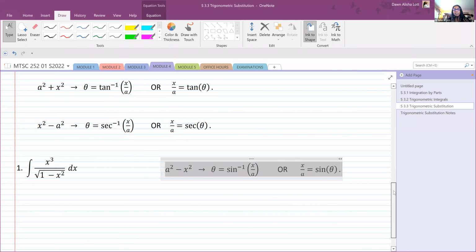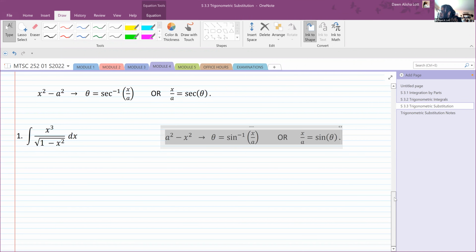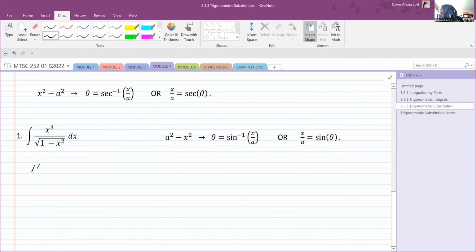So obviously in this problem, a is going to be 1. Okay, so here a is 1. A squared is 1, so that implies a is 1. Okay, and I have 1 minus x squared.